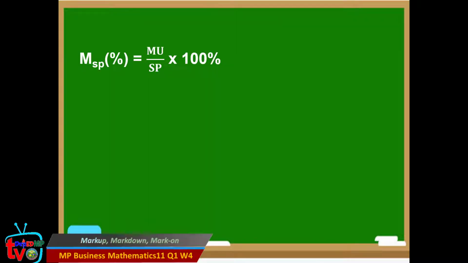But we can also use the formula markup over the selling price times 100%. That is because we already computed for the selling price and the markup.